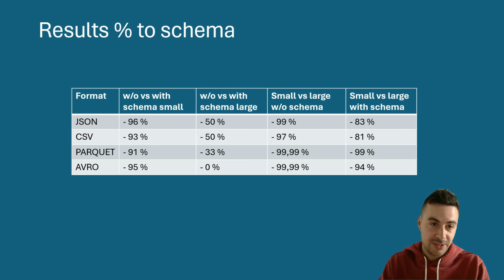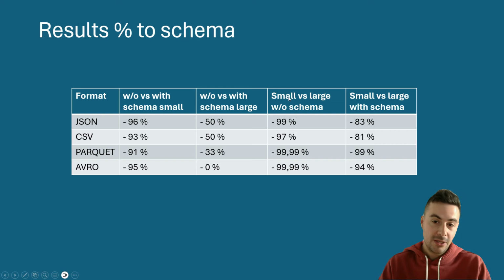And here we also have the percentages. So just to go through an example, JSON without versus with schema for small files is 96% faster. And for bigger files, it's basically at least 50% faster.